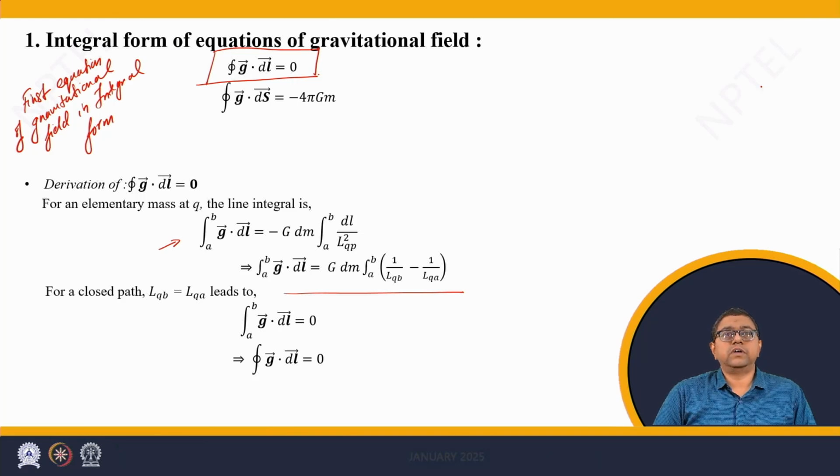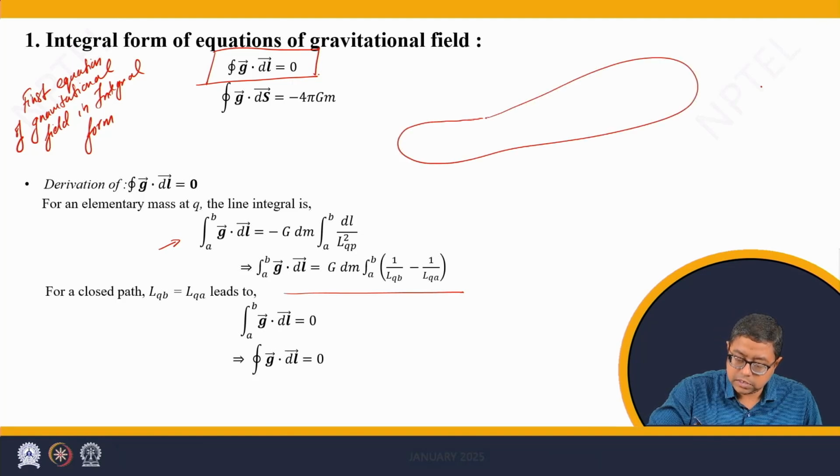We look into the derivation of this integral form of the equation. Consider an arbitrary loop. This is a differential line element denoted by dl vector.